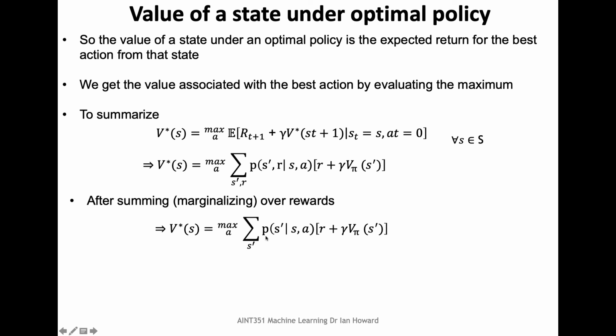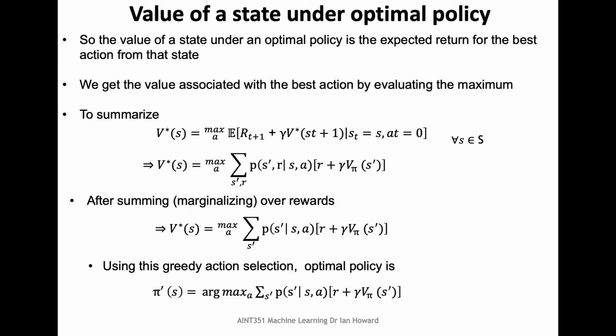So this is the expression for Q, which is the probability transition matrix multiplied by the reward, summed across all future states S prime, and it's the particular max action that gives us the max value of this expression. And this is obviously greedy action selection. If we want to pick the optimal policy, we can do that by picking the action that generates this maximum value, and then we update the policy with that particular action.